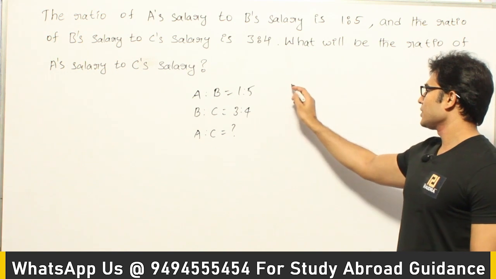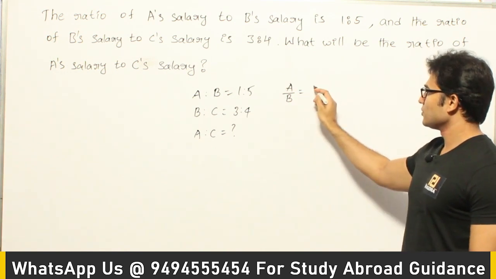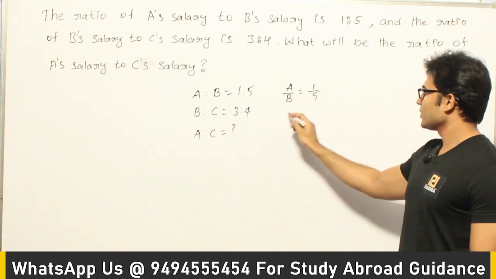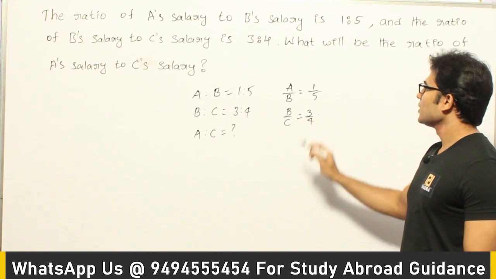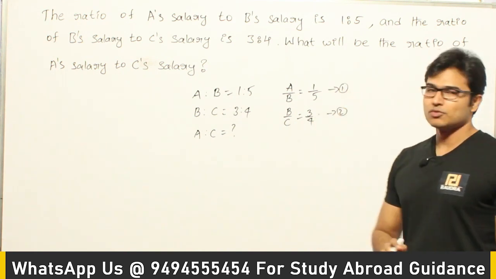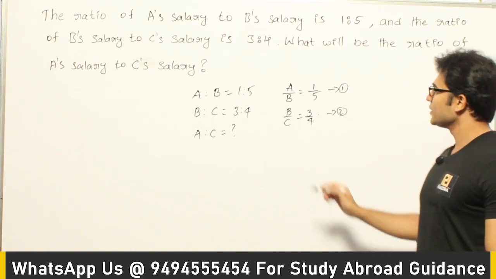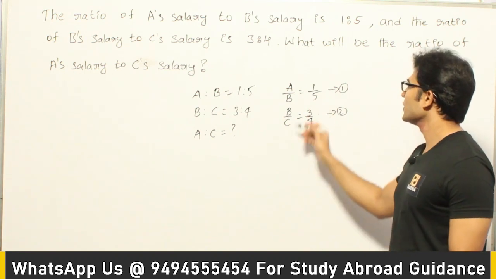So in order to write this, you can write it as A by B equal to 1/5, and you can write this one as B by C equal to 3/4. Now let us say this is 1 and this is 2. You multiply 1 with 2. Why am I doing that? So that B will get cancelled out and A will remain. So what do I get?